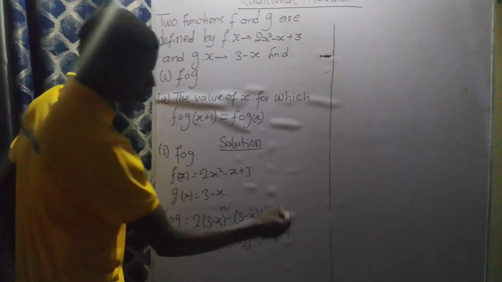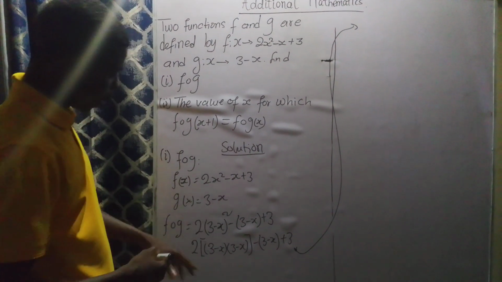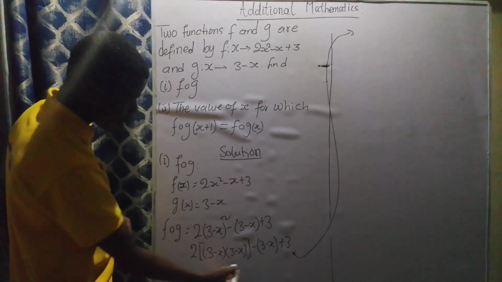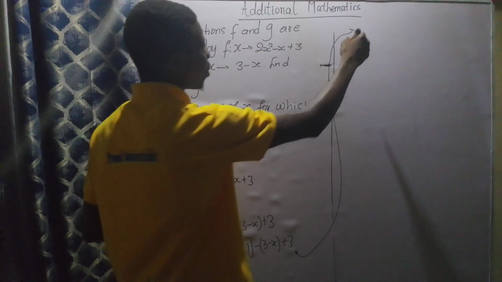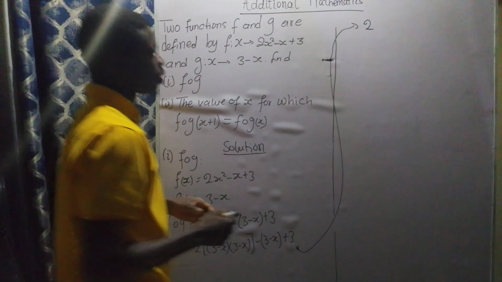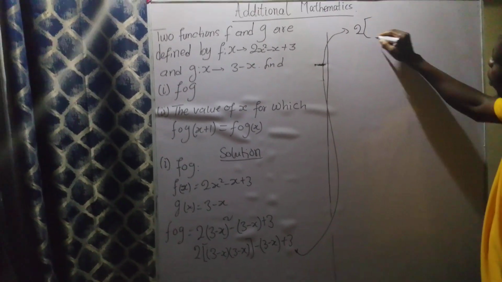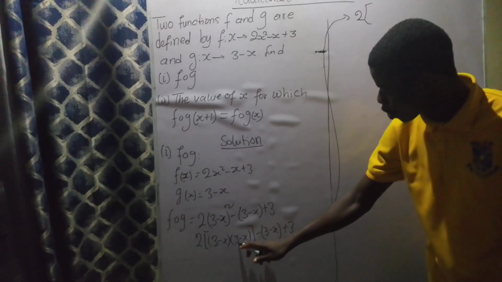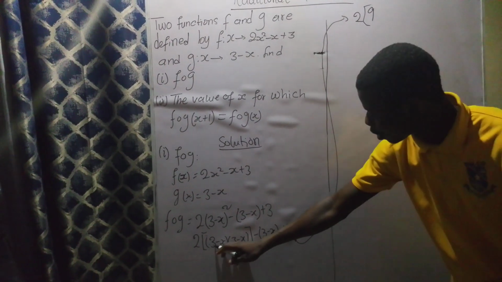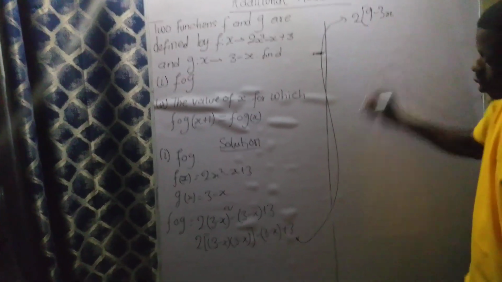So now we have this. You FOIL what is inside this bracket. So we have 2 in brackets. Foiling this, 3 multiplied by 3 gives 9, and 3 multiplied by x gives minus 3x.